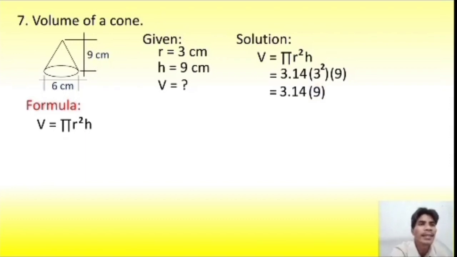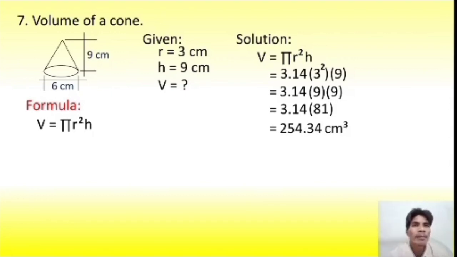Then copy 9. Then equals, copy 3.14. 9 times 9 is 81. Then equals 3.14 times 81 is 254.34. Then copy the unit cm, then write the cube.